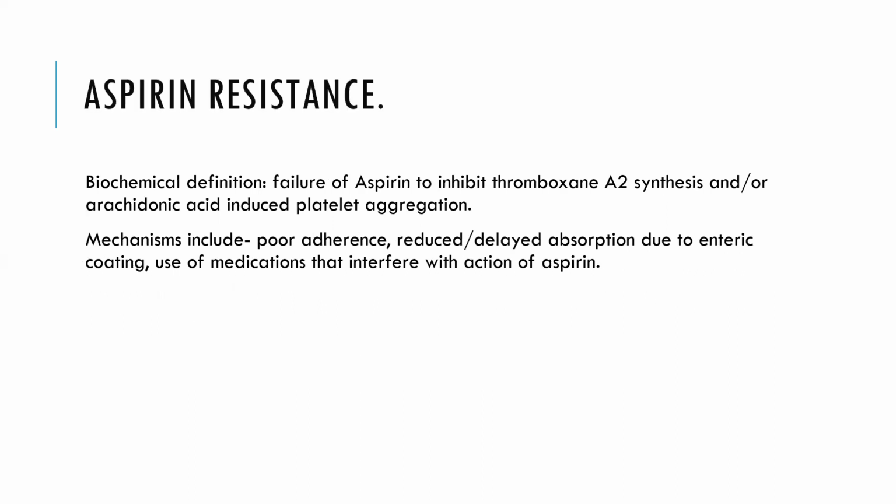There's also an entity called aspirin resistance, which is defined as the inability to inhibit thromboxane A2 synthesis even when you are using aspirin. The mechanisms proposed for this include non-adherence or delayed absorption. When giving a patient with ACS aspirin, you should have them chew it so as to enhance absorption.